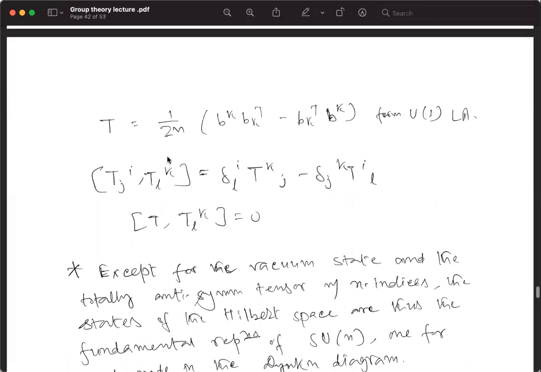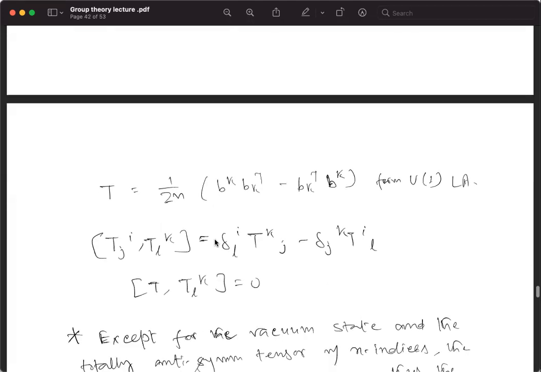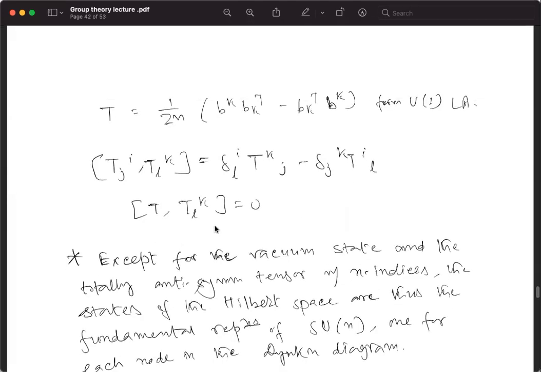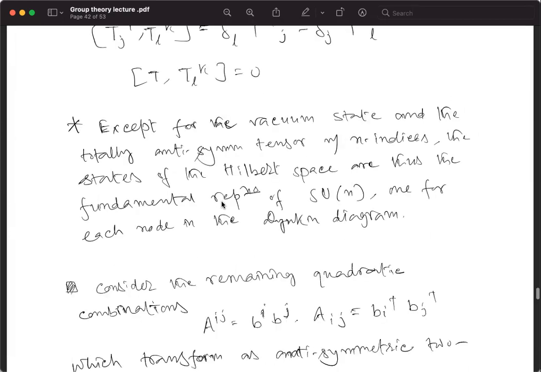And here the commutator of T^j_i and T^l_k is given as delta^l_i T^j_k minus delta^j_k T^l_i, and if you define this T, which is the U(1) generator, that will commute with this T^l_k generator, the SU(N) generators here. So you get subspaces which are basically orthogonal to each other, the SU(N) and U(1) parts.